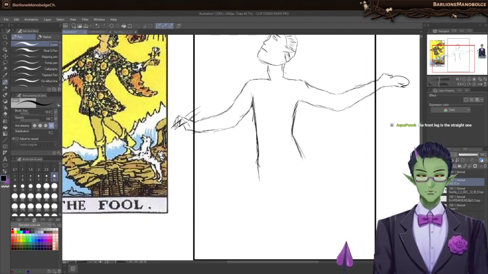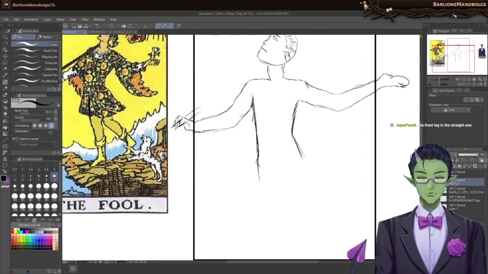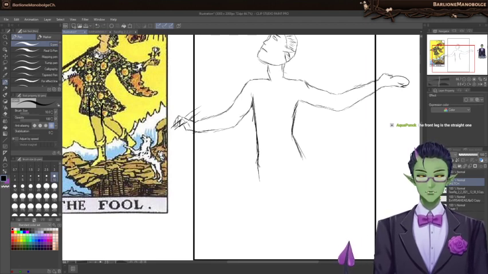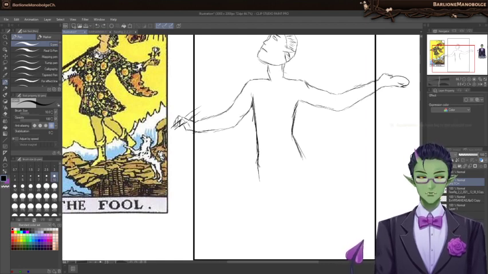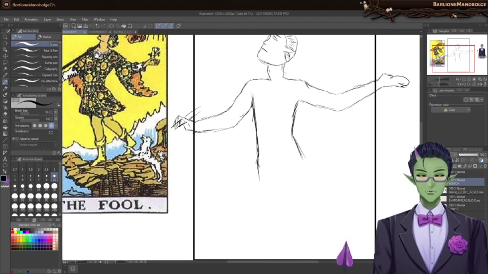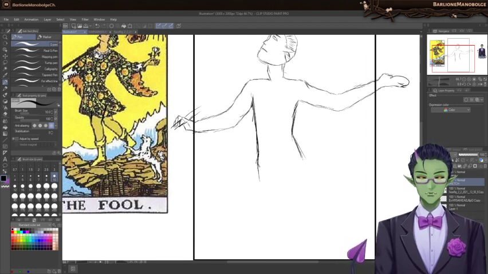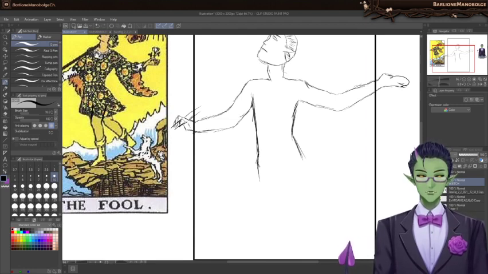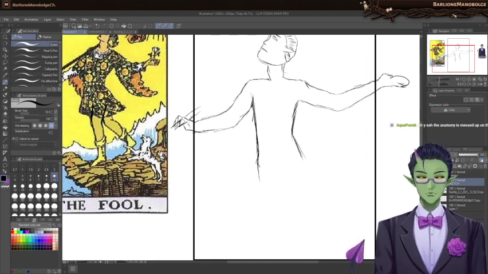If this is the front leg, this. Actually, wait. That leg goes back like that. That leg goes up there. And then this one's behind.